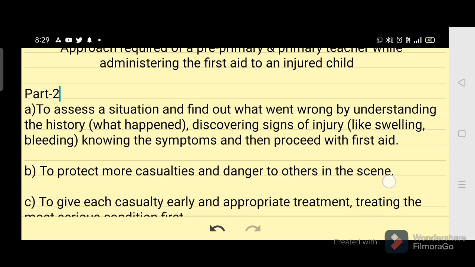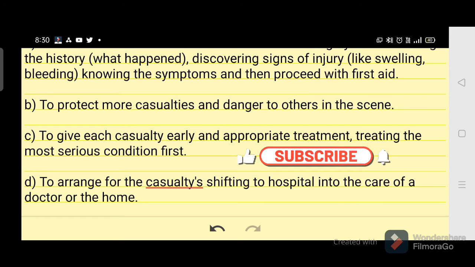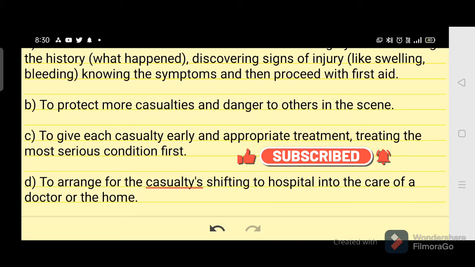And the next point, to give each casualty early and appropriate treatment. Early treatment is important and the treatment should be appropriate. This is only possible when you find out what is the cause of the injury. And then while treating, the teacher should treat the most serious condition first.